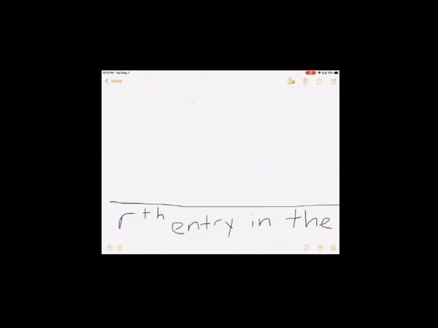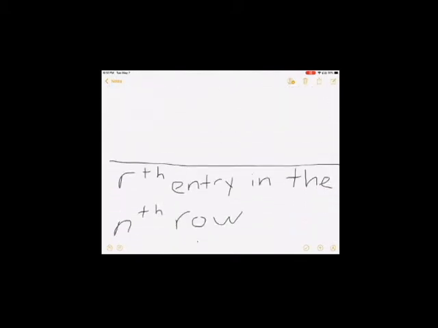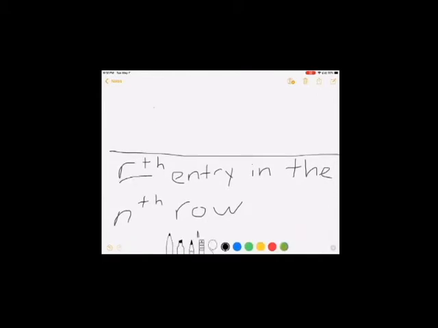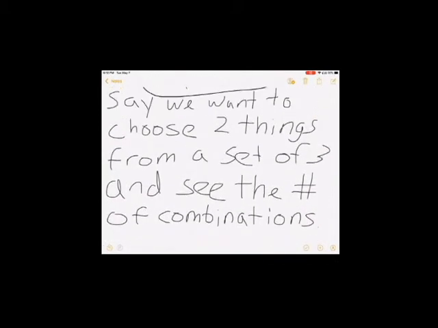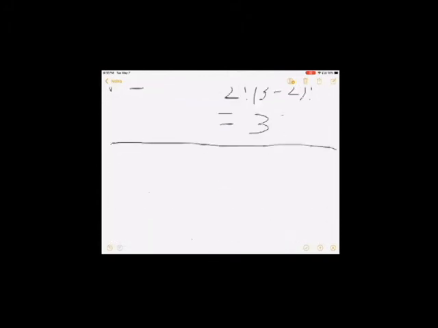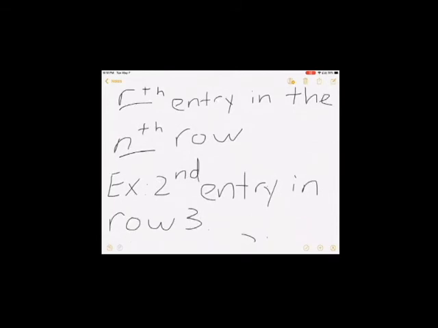So if we want to see how many combinations are possible when choosing r things from a set of n total things, we simply look at the rth entry in the nth row. So for example, if we want to choose two things from a set of three total things, all we do is look at the second entry in row 3.